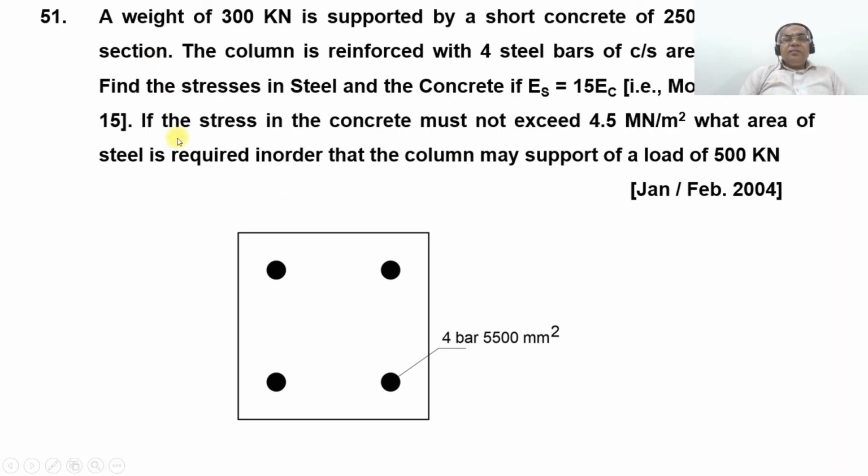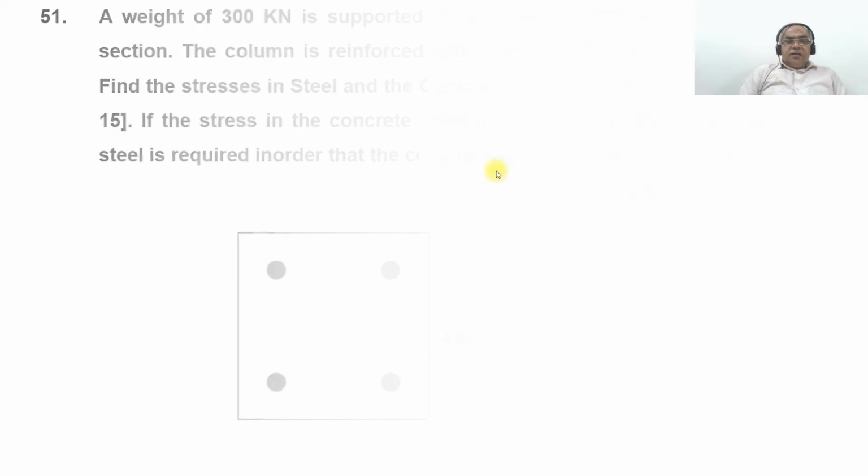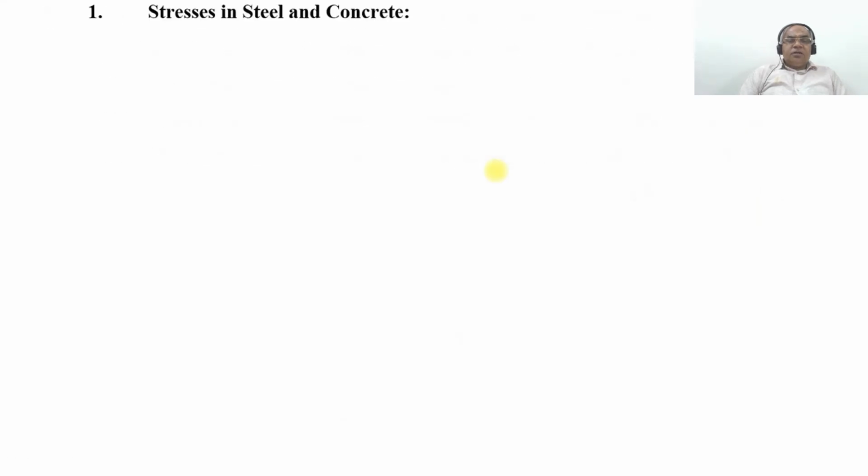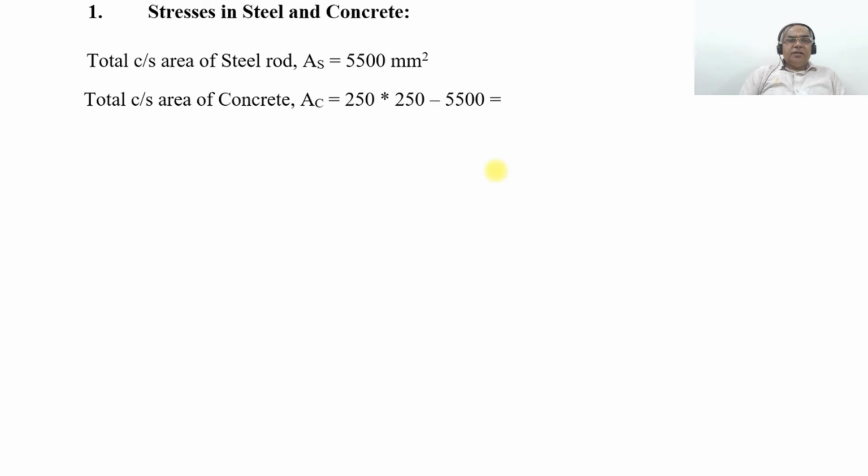So here you have a 250 mm square section with 4 bars of cross-sectional area 5500 mm square. To find the stress in steel and concrete, we need the total cross-sectional area of the steel rod, which is AS equal to 5500 mm square.